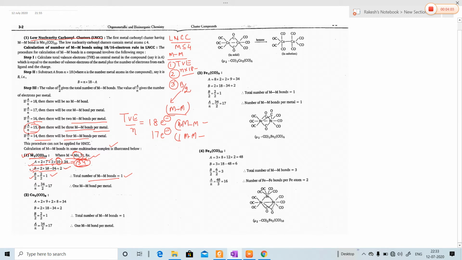If we divide total valence electron by n, where n is the number of metal atoms, so there are 2 metal atoms and total valence electrons are 34, which is divided by 2 and it will result 17. It means there is one metal-metal bond per metal atom.